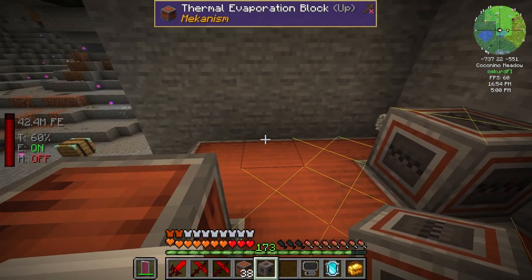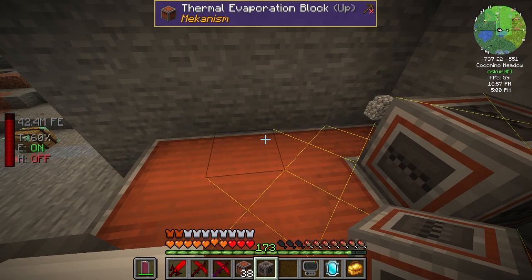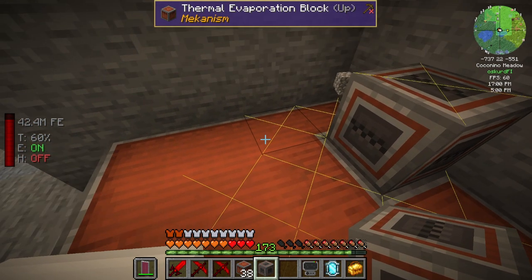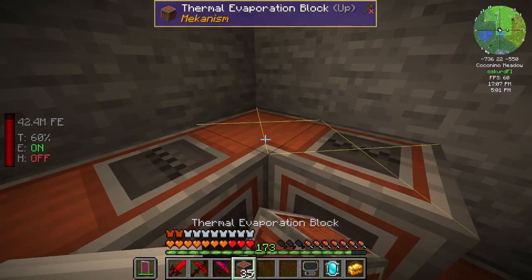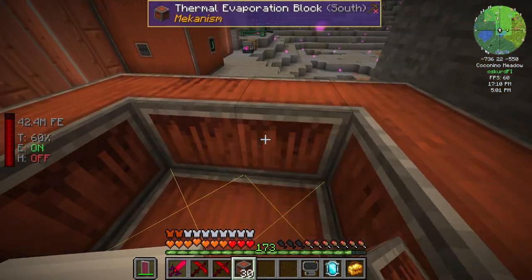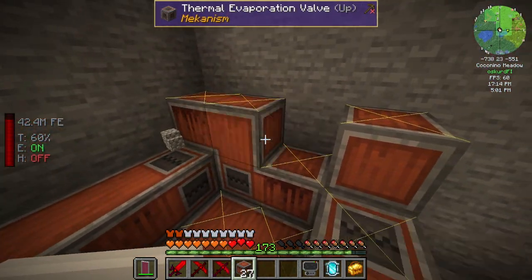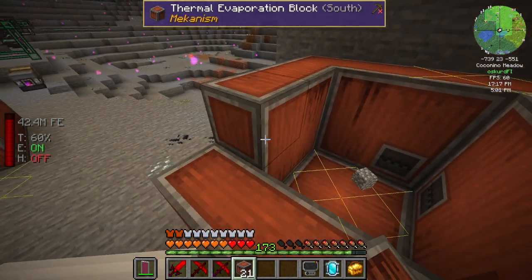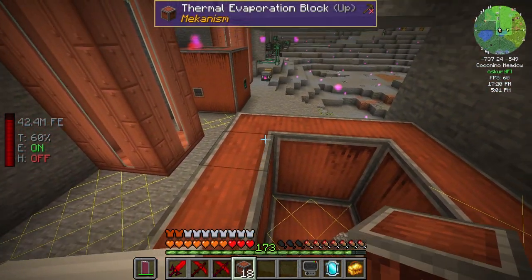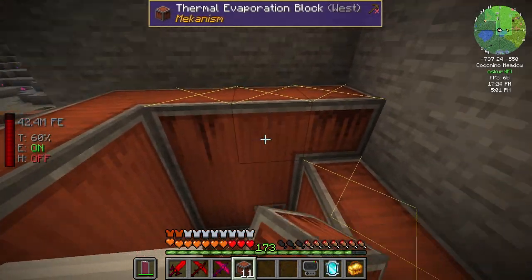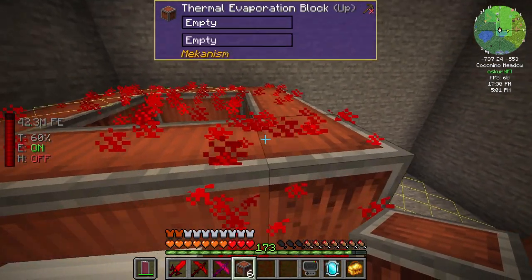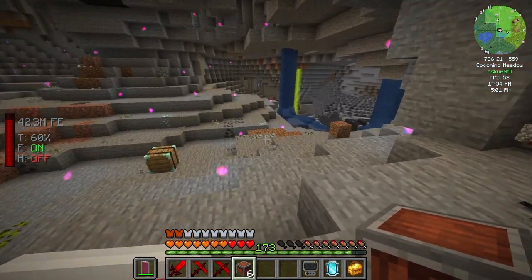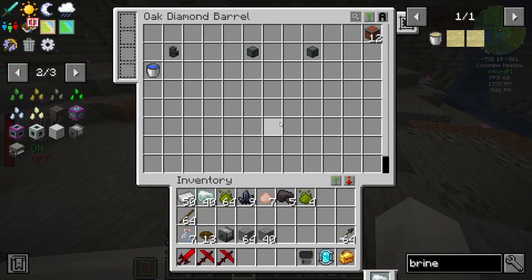And then water input comes in here. Like so. And then our pump and water.